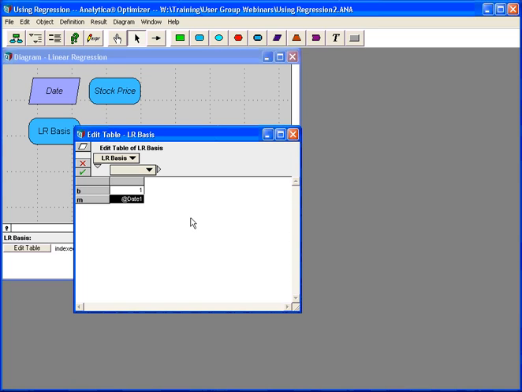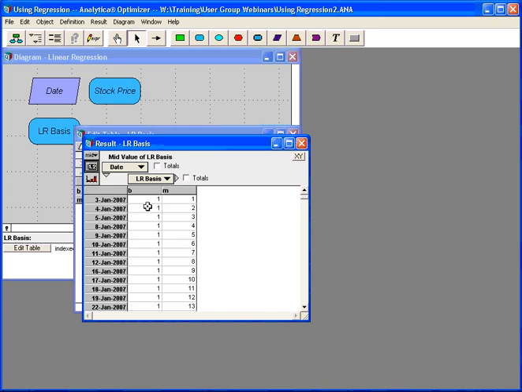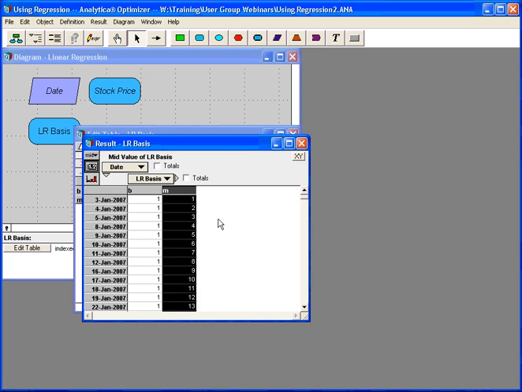And it turns out in stock prices, this is usually a better way of doing it. So to give you an idea, if I evaluate this, we can look at the basis, and you'll see that the basis basically has a 1 everywhere for the B, and then it's numbering the dates for the day. So that's giving us our basis for the linear regression.